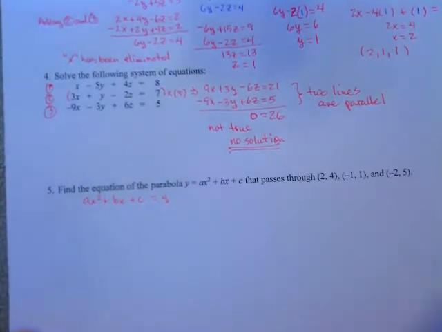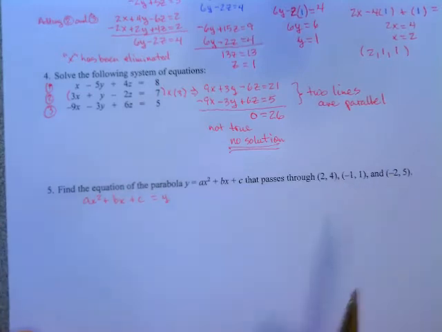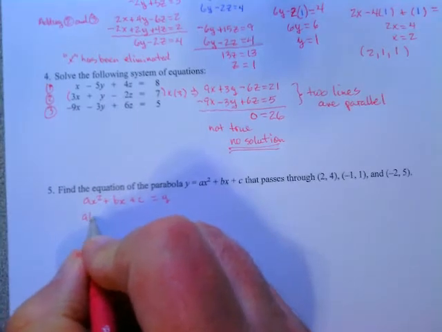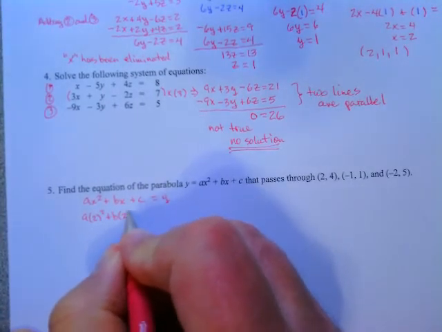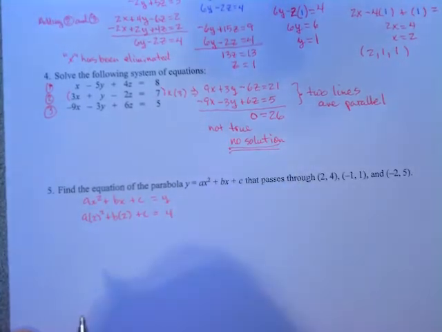And then we're going to write out variations of this based on those 3 points that this parabola passes through. So in the first case, we would have a times 2 squared plus b times 2 plus c has to equal 4.